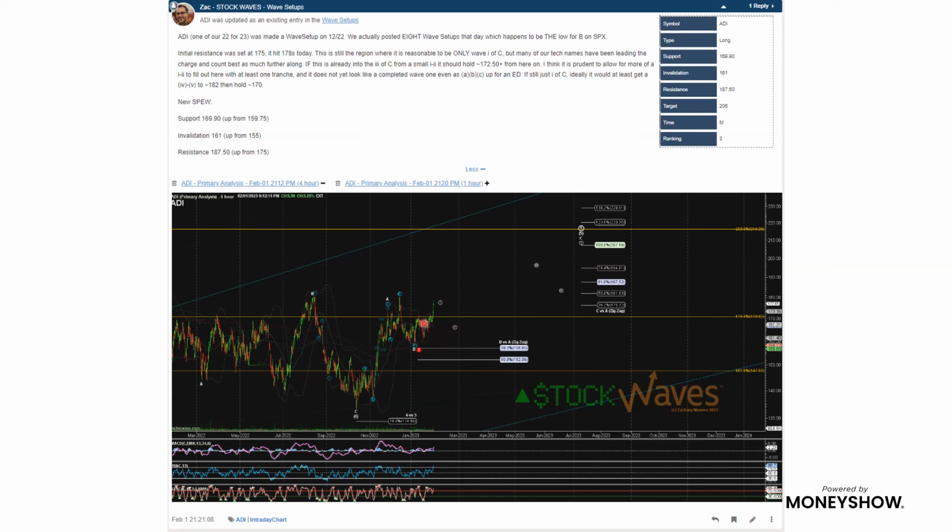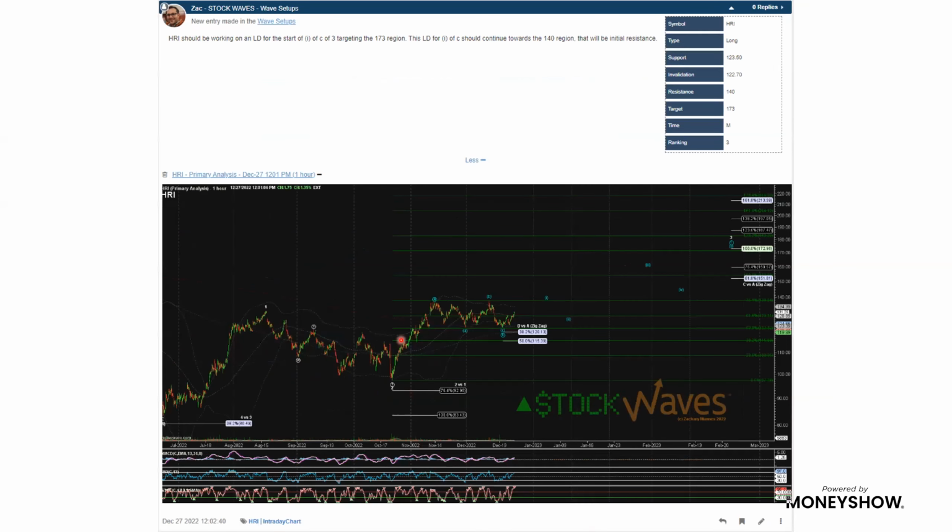So even though we haven't gotten as much of the C wave as we did on Microsoft, we at least can raise our stop levels for support and invalidation, and then apply a new resistance level into this target region.